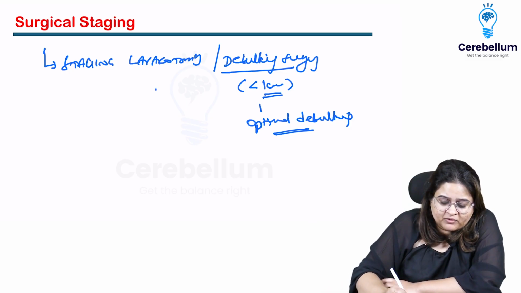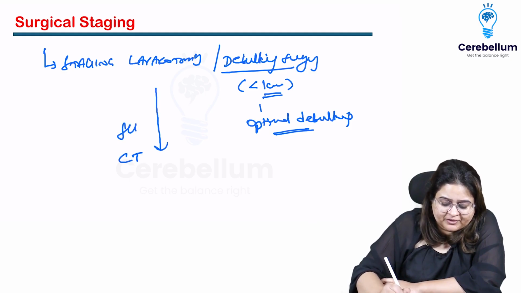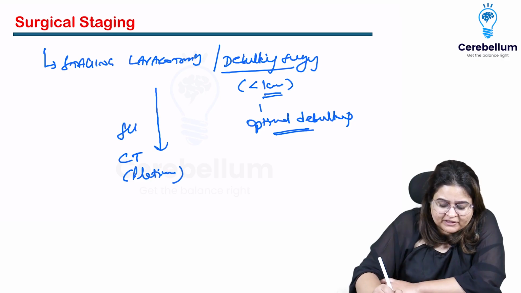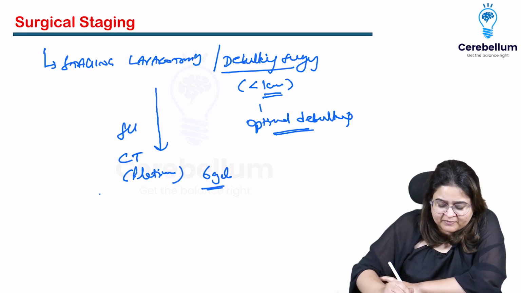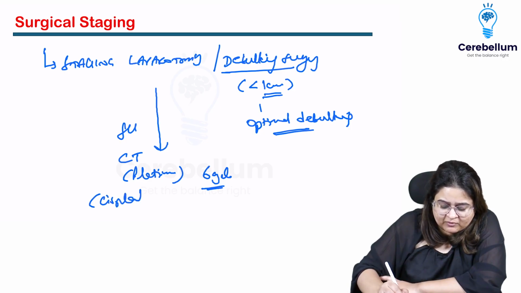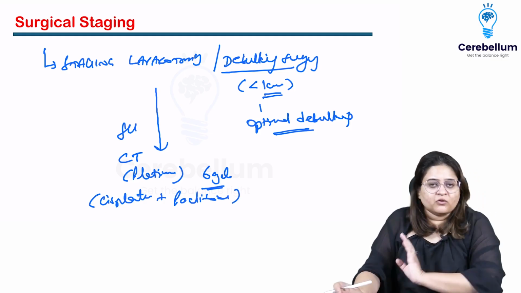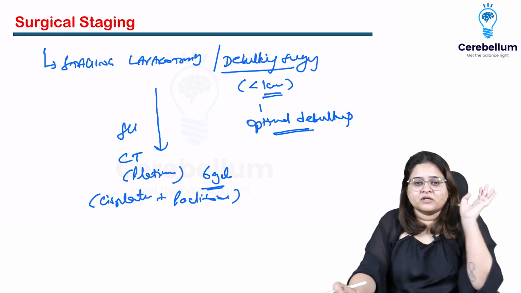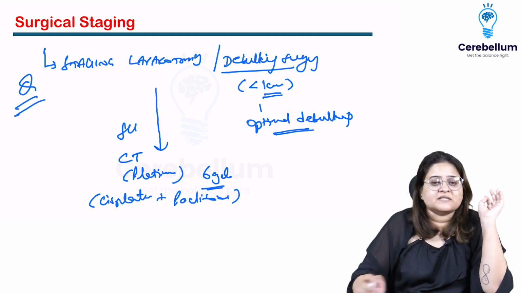So staging laparotomy or debulking surgery followed by chemotherapy, which is usually platinum based chemotherapy, usually given 6 cycles, 3 weeks apart. So platinum based means we usually give cisplatin or carboplatin plus paclitaxel. This is the usual treatment option for a serous cystadenocarcinoma, and this is very commonly asked in the exam.